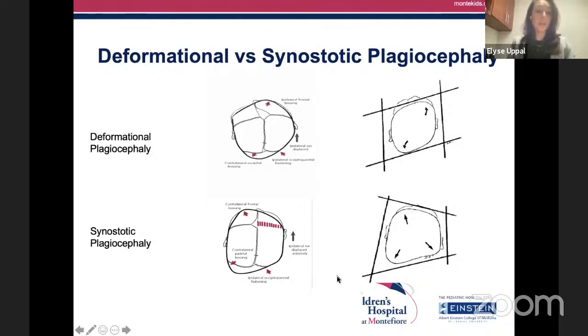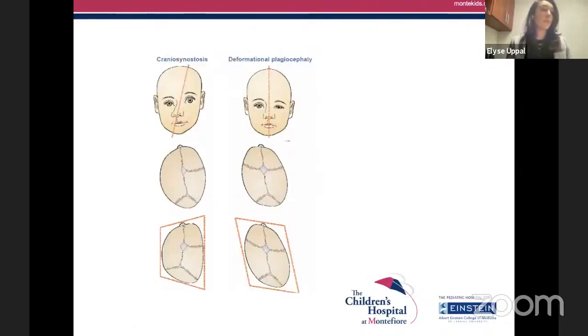And then on the bottom here, this is a unicoronal synostosis, which gives more of a trapezoidal shape to the head. So looking further into differentiating between the two on physical exam, with deformational plagiocephaly, everything's moving in the same direction. While there are some subtle asymmetries in the face, in general, there's much more twisting with craniosynostosis. You can see deformities from the eyebrows down.